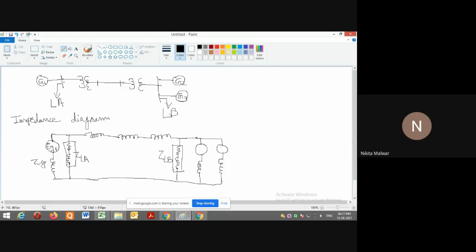This is ZG1. Write down all the values for generator 1. We have found them out for the per unit system, so write down all these values in per unit. For the generator, again here it is a transformer. So the transformer value will be ZT1.